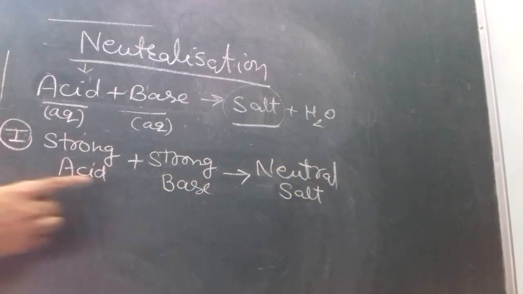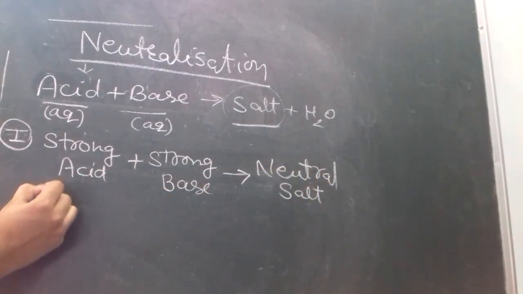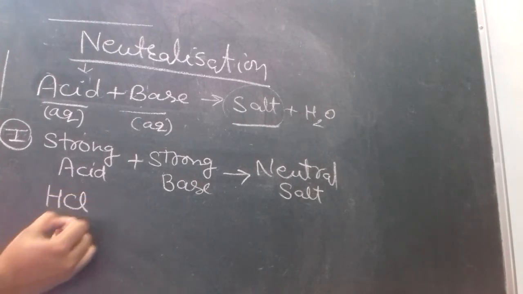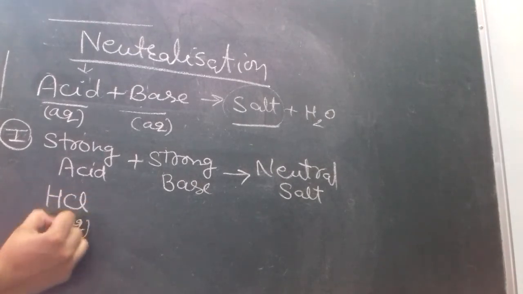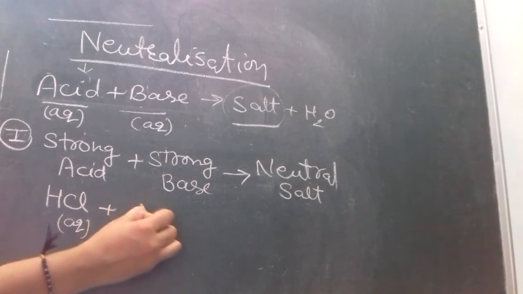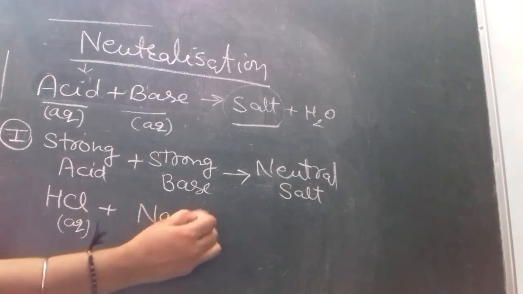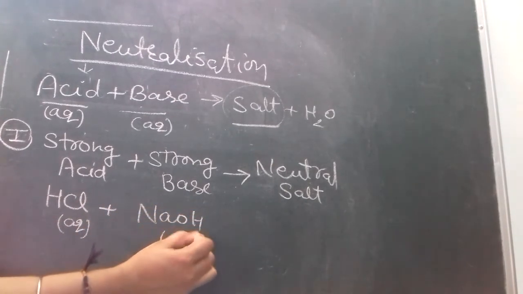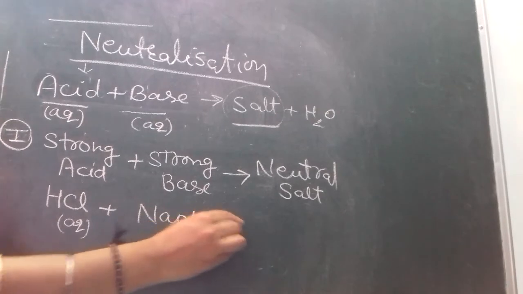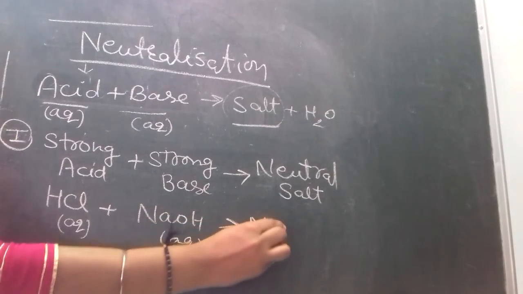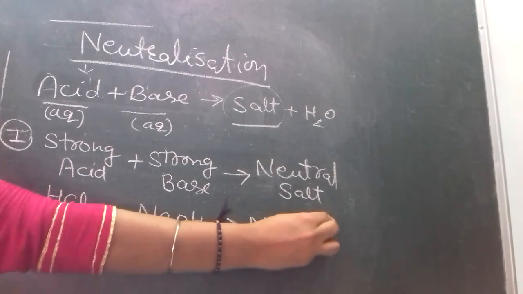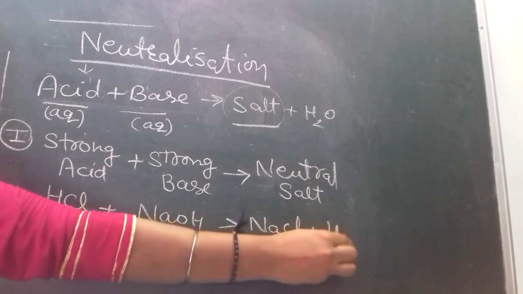Okay, so here for strong acid, if we take an example, then hydrochloric acid is a strong acid. We will take it in aqueous state, and sodium hydroxide will also be taken in aqueous state. So the salt becomes NaCl, that is sodium chloride, with water.